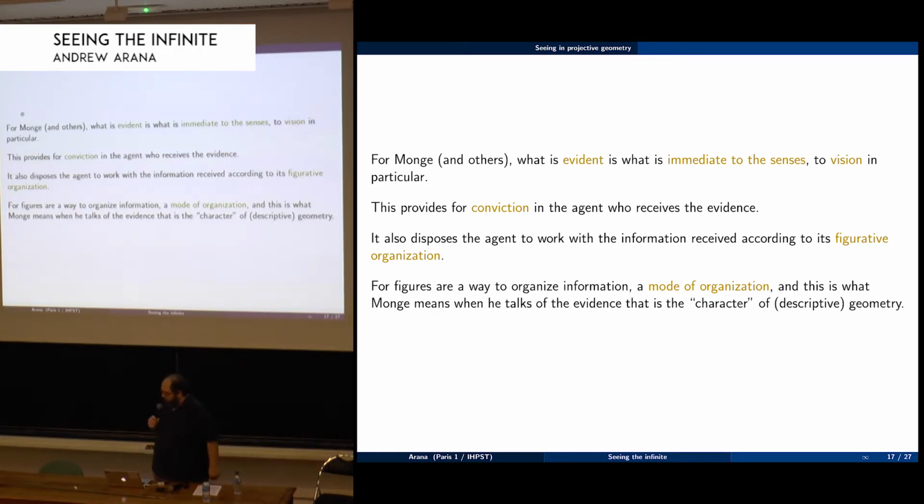Because I think that figures are a way to organize information. You could say they're a mode of organization. And this is what Monge means when he talks about the evidence, that is, he says, the character of geometry. That geometry gives with it a particular way of organizing the data.